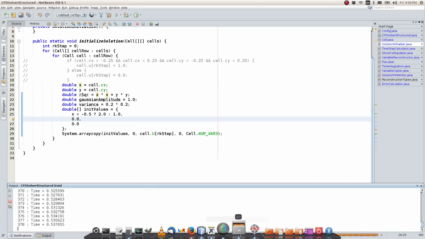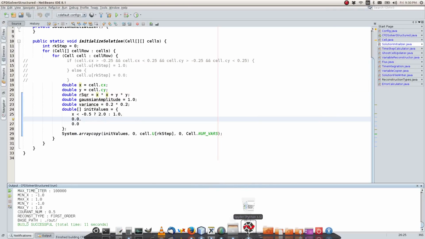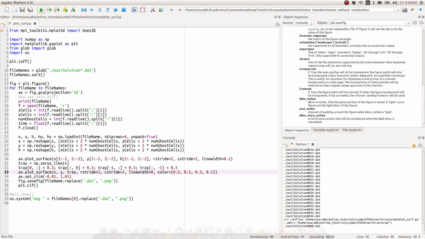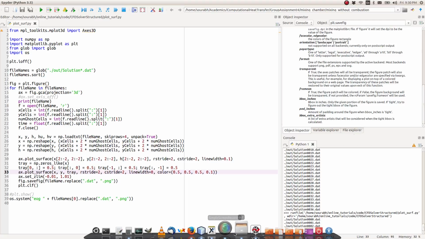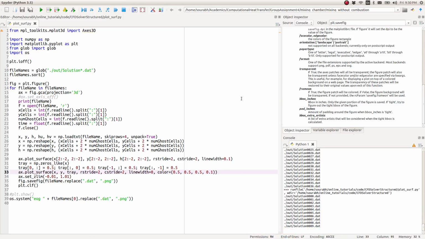So it does not blow up or anything, and it's producing a lot more files. That has produced 70 files now. Maybe the time step is small. Yeah, the time step will be small because the height is more, so eigenvalues are larger, therefore the time steps are smaller.